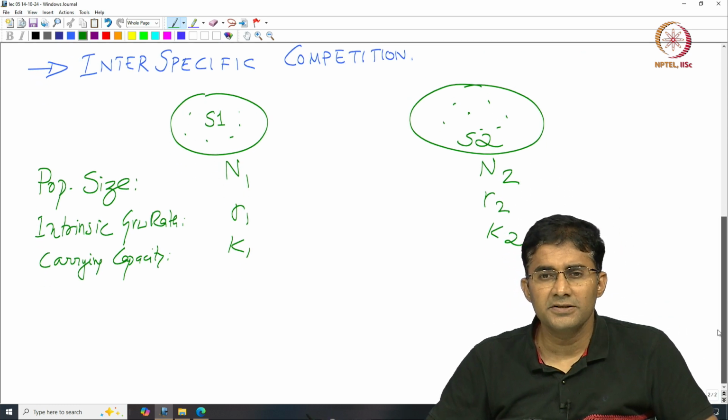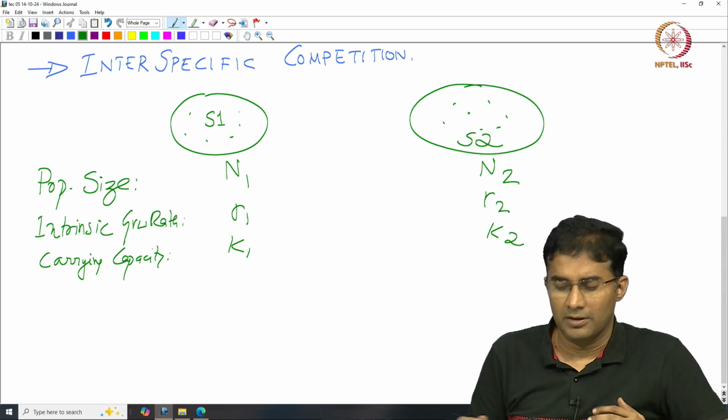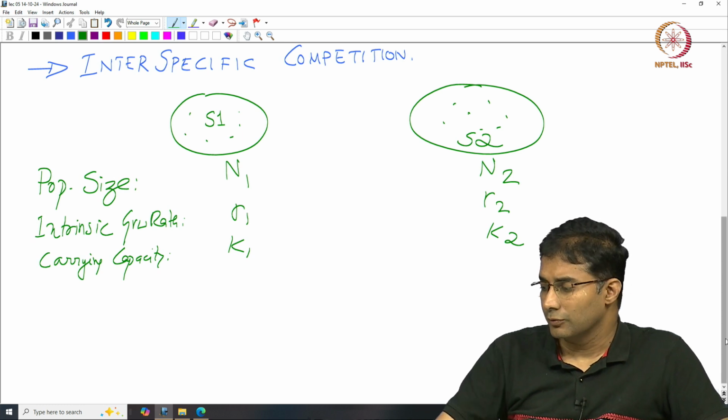The exact species does not matter as long as the mode of interaction is competition between the two.